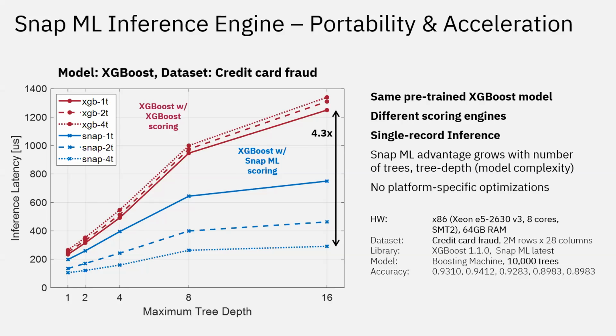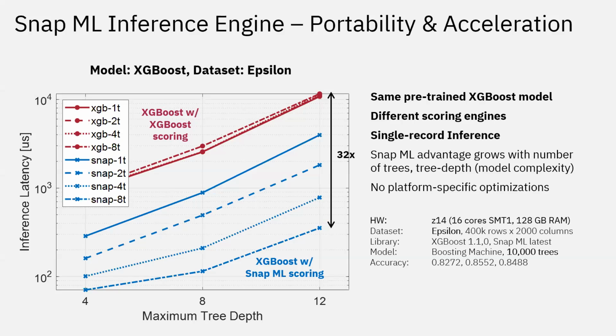And on the next chart, we have the same benchmark, but a different data set. This is Epsilon, which is a more complex data set in that it has many more features than the credit card fraud. And this is also running on a different platform. This is running on IBM Z on the mainframe, Z14. IBM customers run a lot of transactional workloads on such systems where they want to do real-time prediction using machine learning.